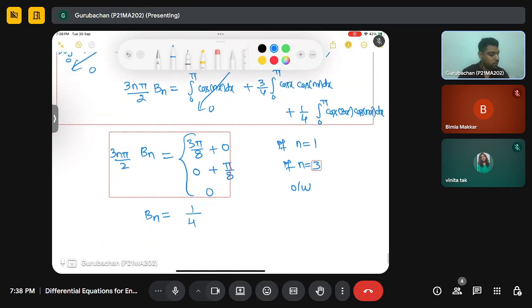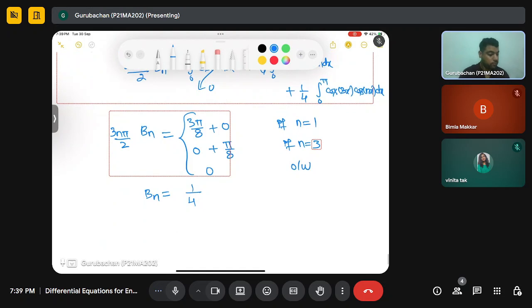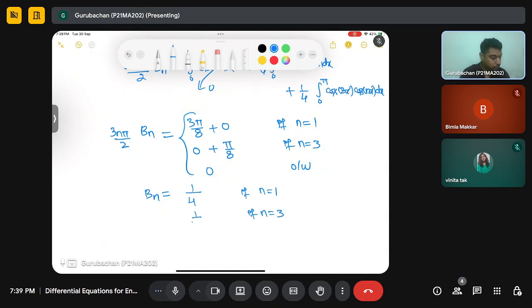Since n equals 1, we have to keep in mind, when n equals 1, I am talking about these cases. So when n equals 1, this will be 3 pi by 2, and this will be pi by 1 by 4, and when n equals 3, then this will become 1 by 36. Okay, 0 otherwise.